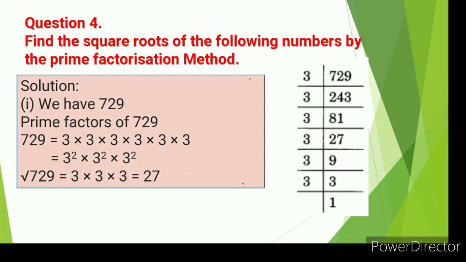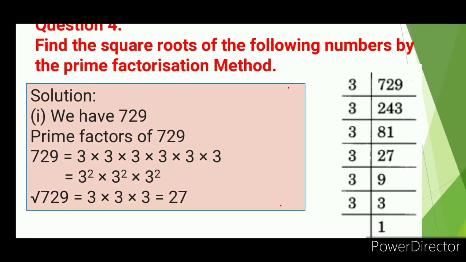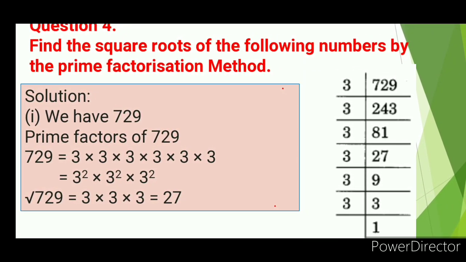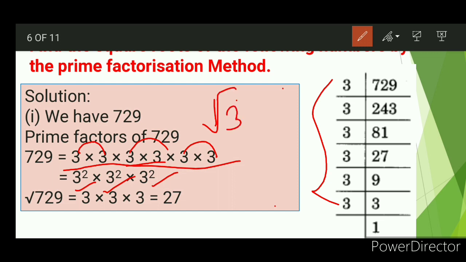Now after finding the prime factors, you arrange all the factors in this way. Next step, for each pair repeated 2 times, write it in the form of a square, that is 3 square. This pair is another 3 square, and another 3 square. The square root of 3 square is 3.